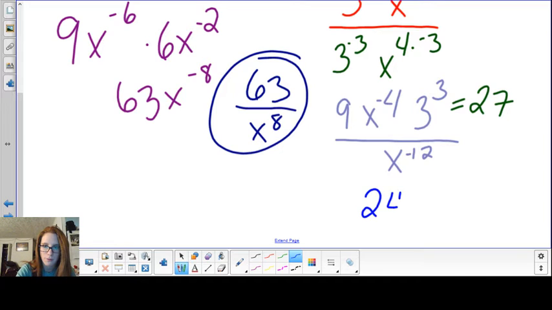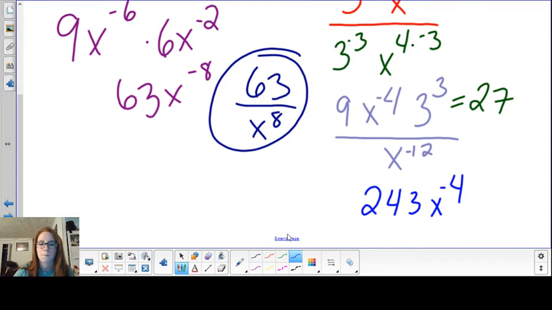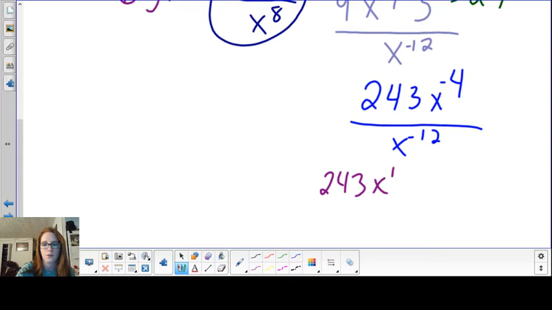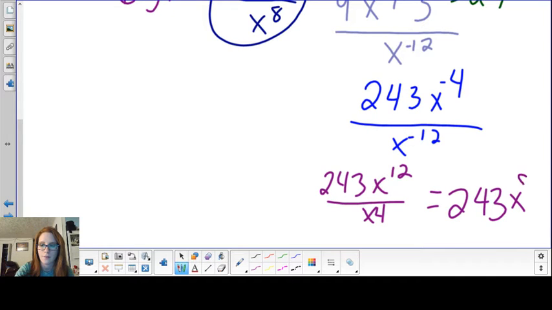So I have 243 x to the negative 4th over x to the negative 12. So because those are both negative, they're going to flip. So I have 243 x to the 12th over x to the 4th. And then 12 minus 4 is 8. So my answer is 243 x to the 8.